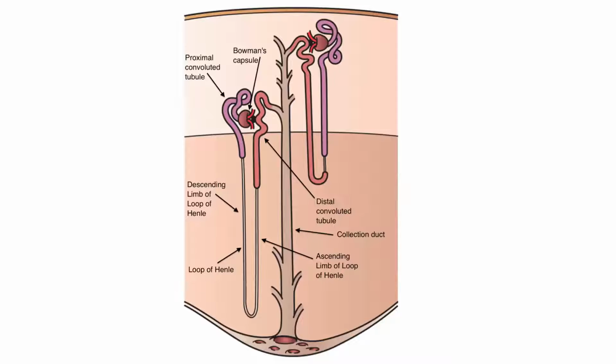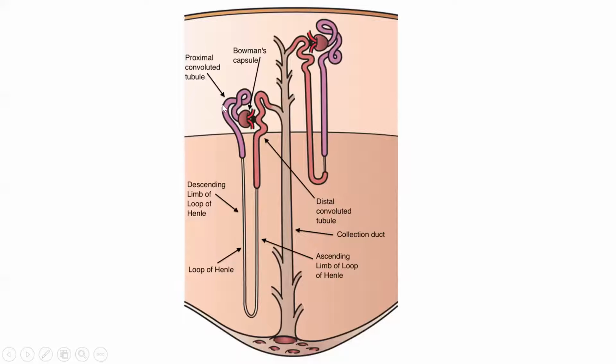This is the other picture. You can see 2 nephron. You know that one of the nephron is called cortical because it has short loop of Henle. The other one is called juxtamedullary because it has a very long loop of Henle. You can see the Bowman's capsule.